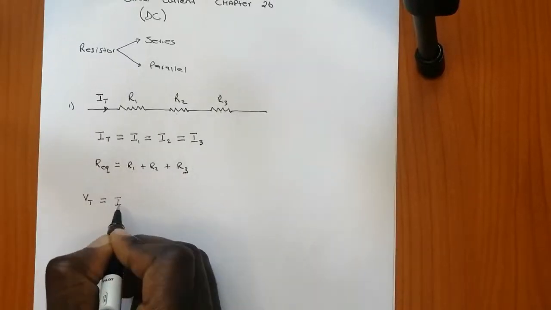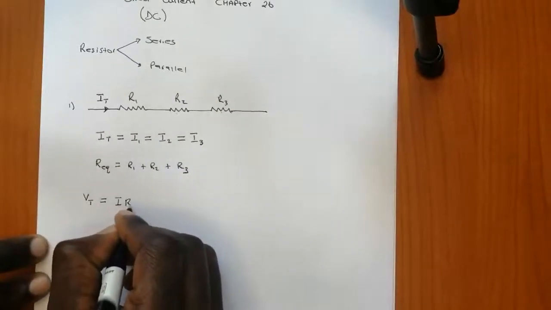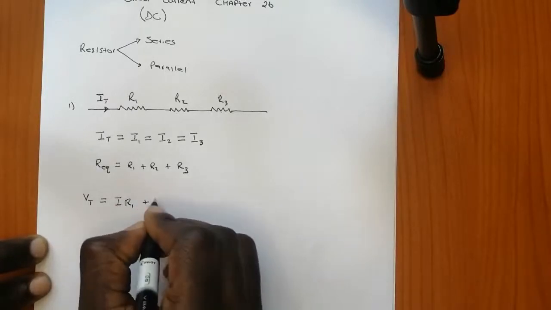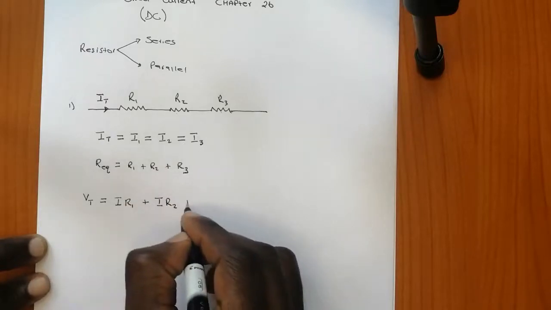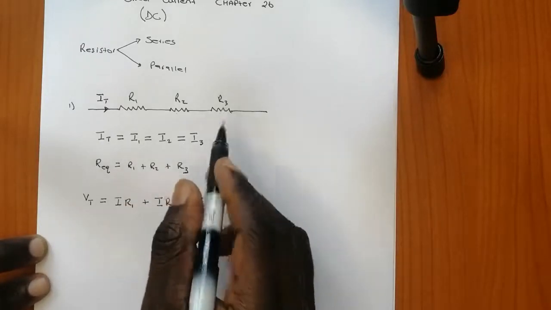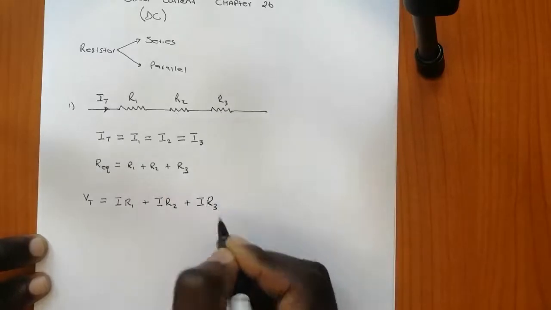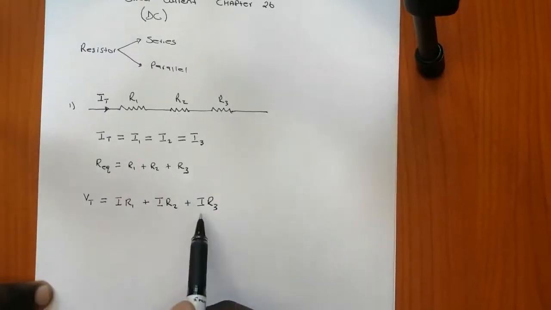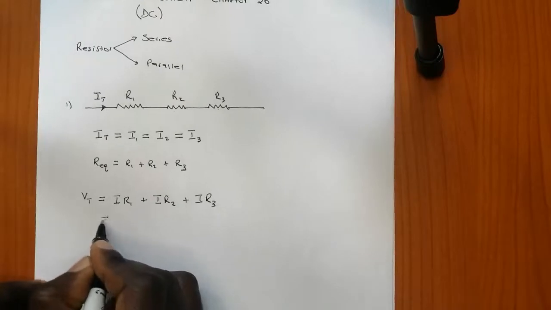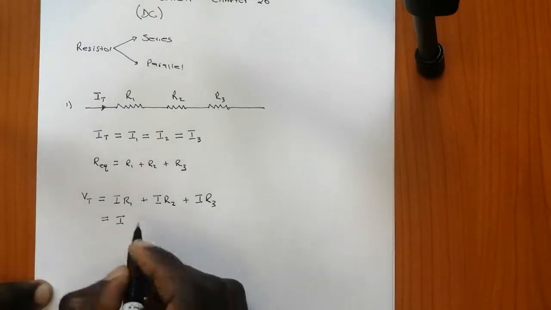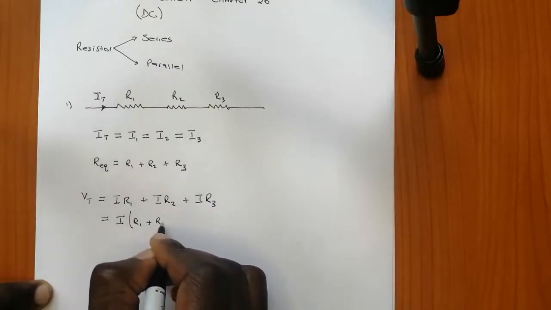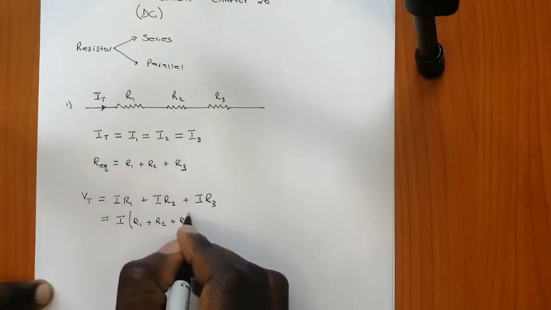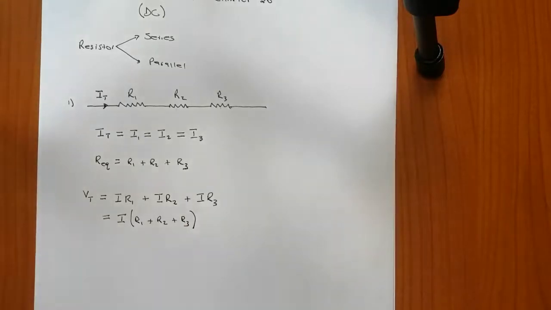So it's I multiplied by resistor 1, plus the current multiplied by resistor 2, plus the current multiplied by resistor 3. And we just said that the current will be the same, therefore we can make the current common, multiplied by R1 plus R2 plus R3. So that's the first scenario.